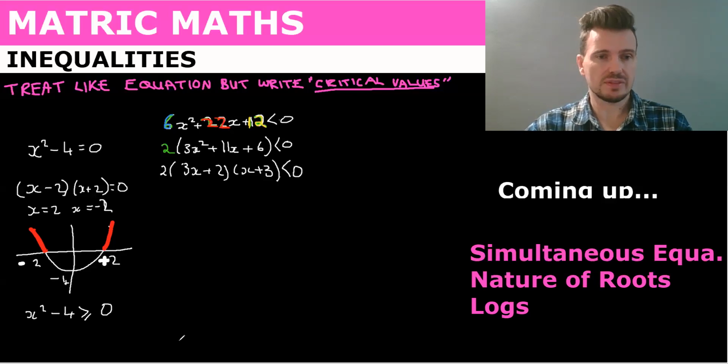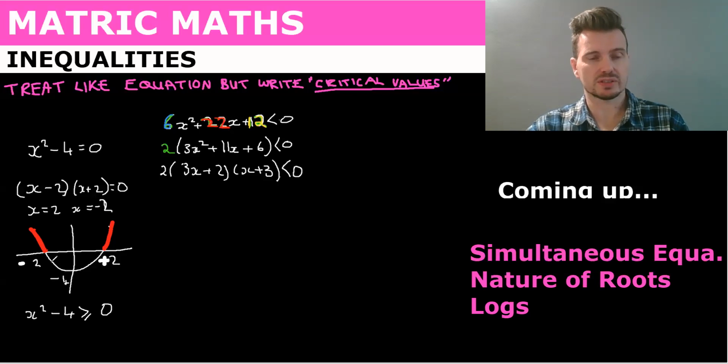The 2 and the minus 2 are critical values, because at that point it stops being bigger and is less than. So x equals 2 and x equals minus 2 are our critical values.